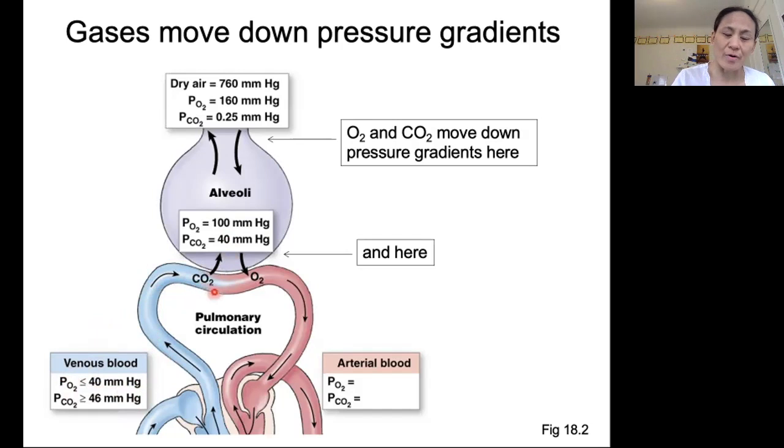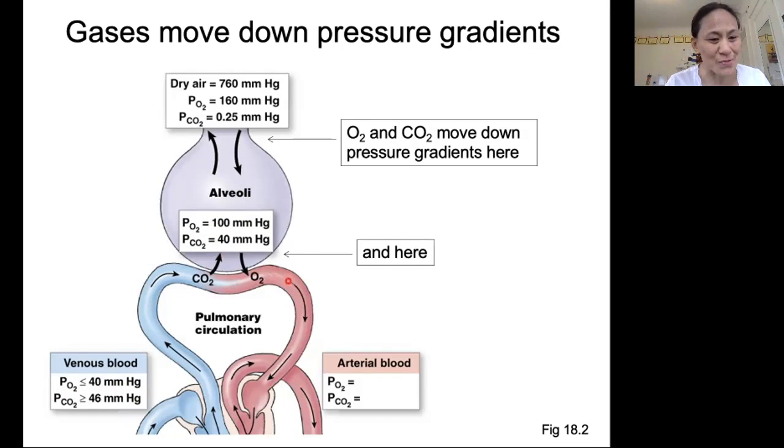And as we have already gone over, the PO2 in the alveoli is 100 millimeters of mercury. Hence, O2 is going to move down its pressure gradient from the alveoli into the blood. So that's how we get our blood oxygenated as it moves through the lungs, okay?